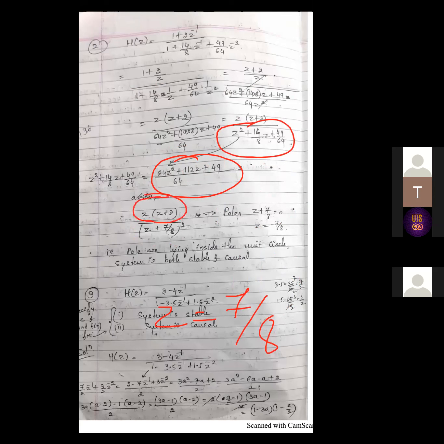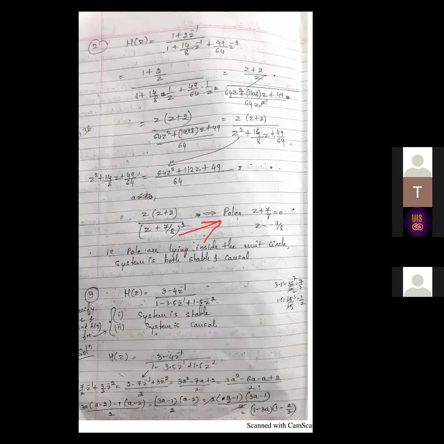Numerator will be this, denominator is z plus 7 by 8, because z is equal to minus 7 by 8. The roots are z is equal to minus 7 by 8 two times. So it is z plus 7 by 8 in one bracket, z plus 7 by 8 in one more bracket, so the power is 2. Give me some time so that I can try manually.